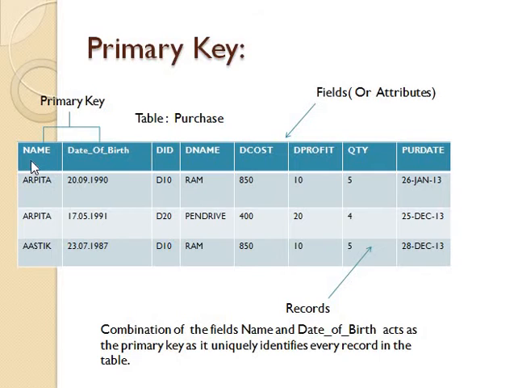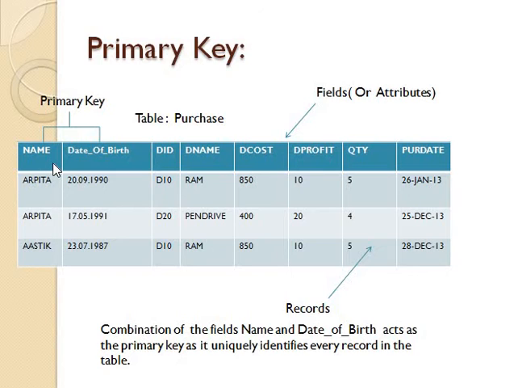You can see for the field called name, the first element, that is Arpita, is having the date of birth 29/1990, whereas the second element, which is also Arpita, for the field name has the date of birth 17/5/1991.